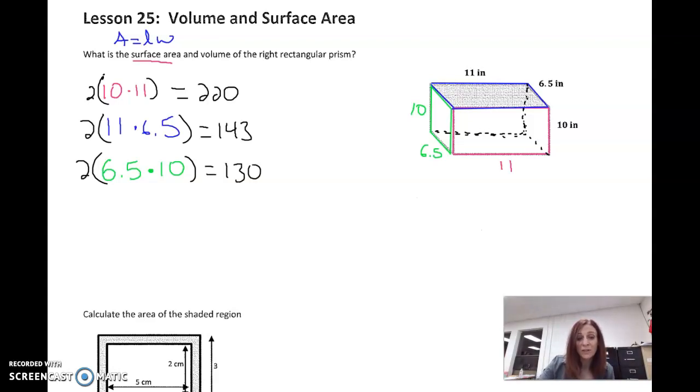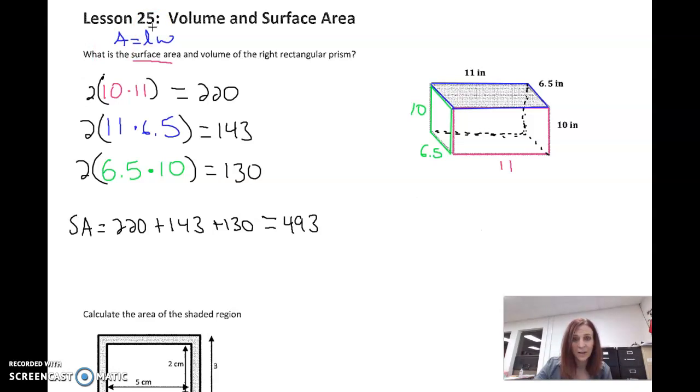So to find my surface area, I would just add them together. Add these up, I get 493, and that is square inches.